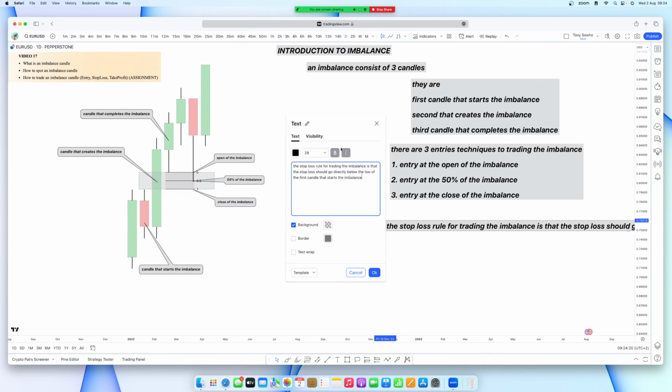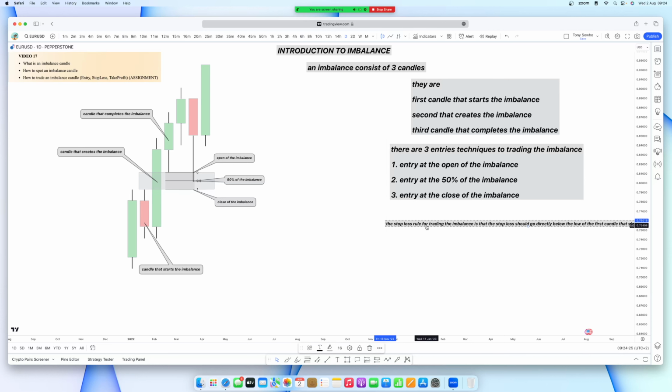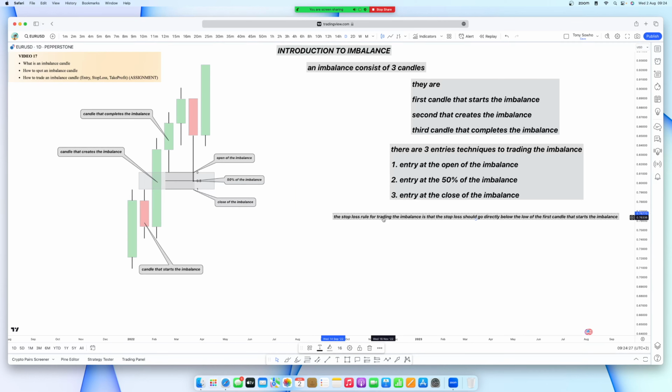That's it. This is the stop loss rule for trading the imbalance. Exactly. The stop loss rule for trading the imbalance.